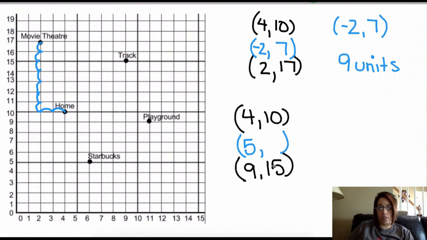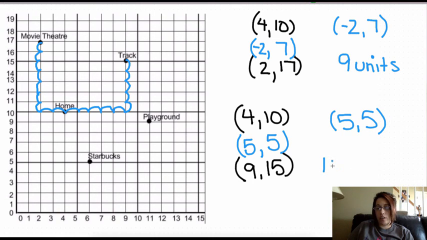From 10 to 15 would be plus 5 as well. So the ordered pair describing our trip should be 5 to the right, 1, 2, 3, 4, 5, up 5, 1, 2, 3, 4, 5. That did get us to the track. 5 plus 5 is 10 total units.